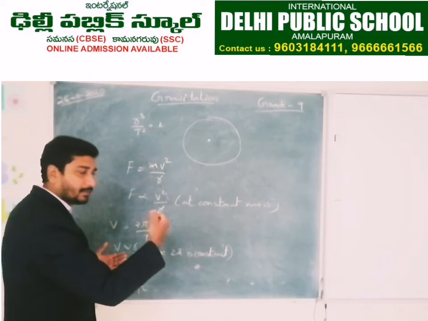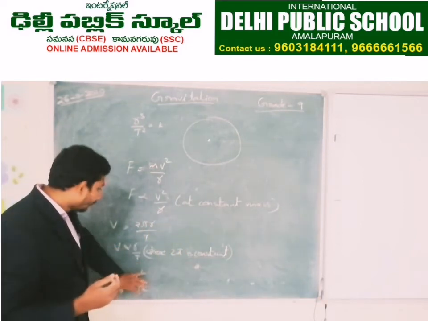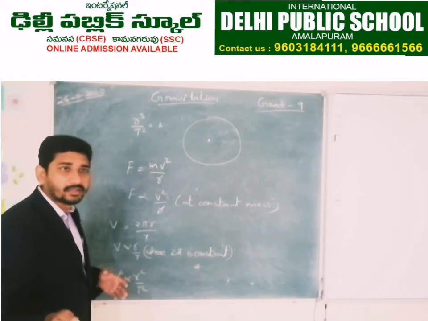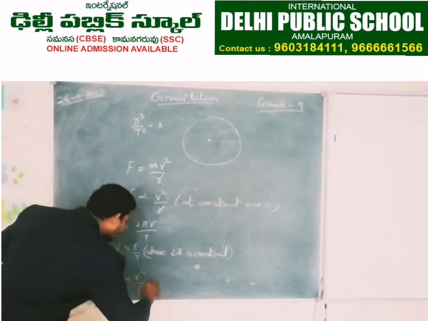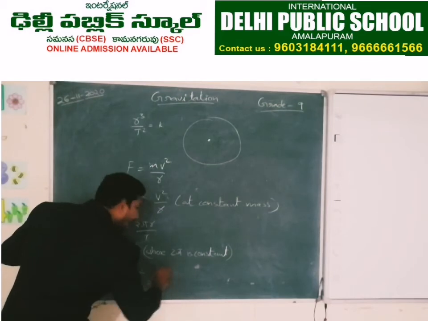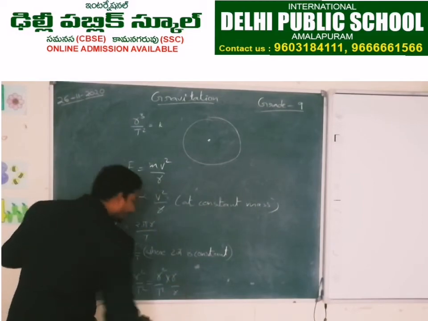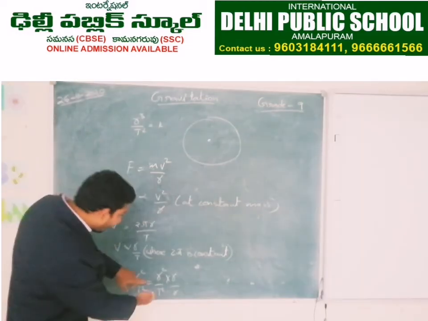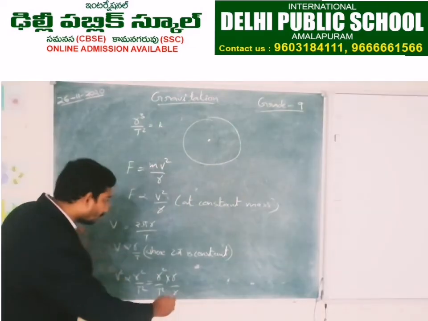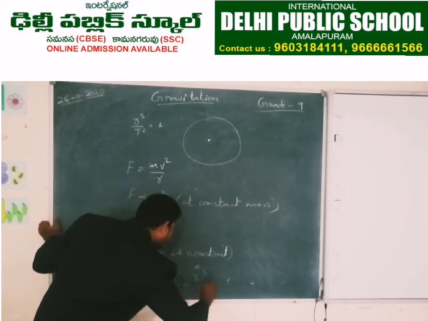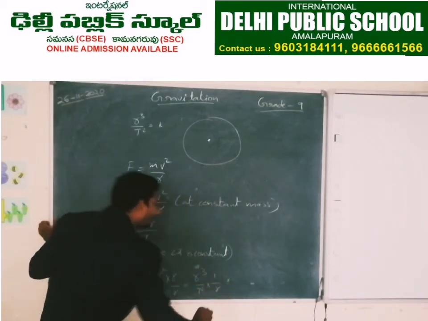If we are multiplying and dividing a quantity with the same quantity, then nothing will happen. So it is equal to r²/t² into r/r. Will the value change? No. So this is r³/t² into 1/r.